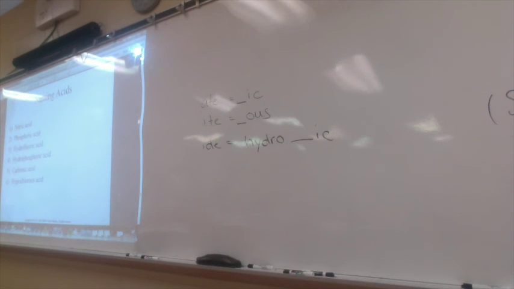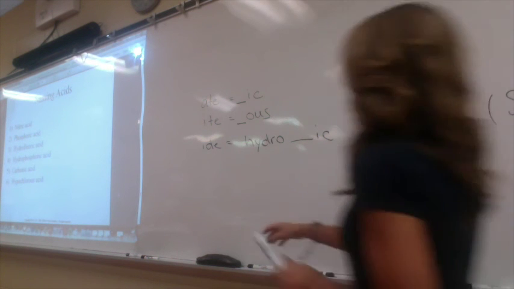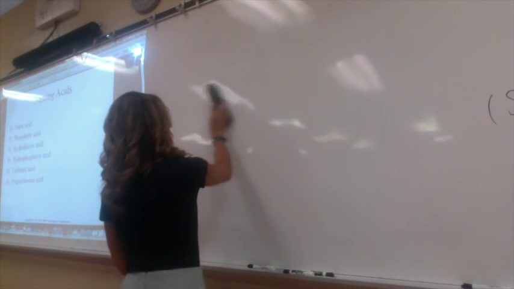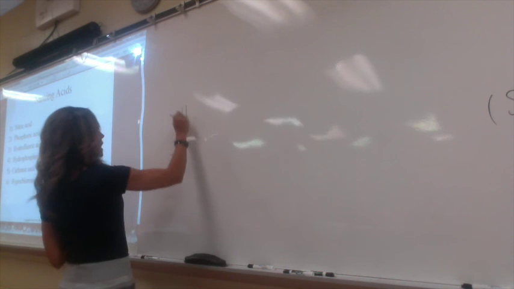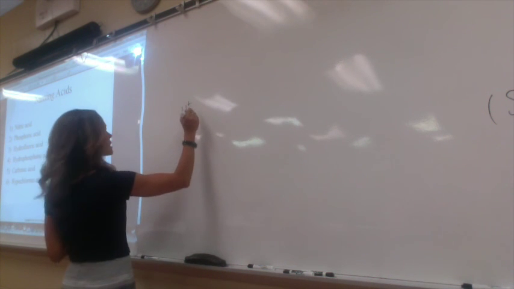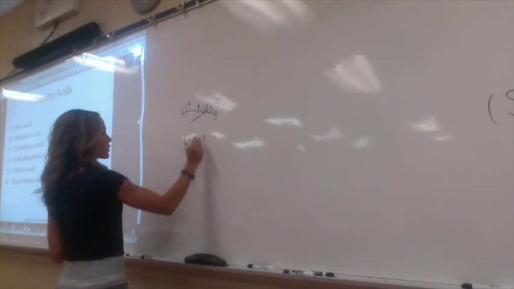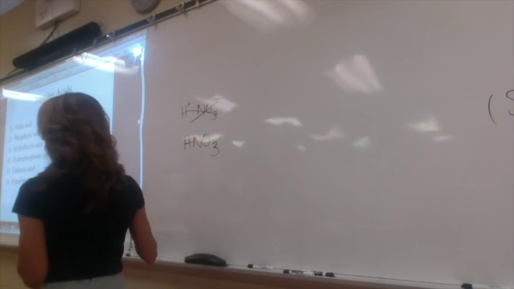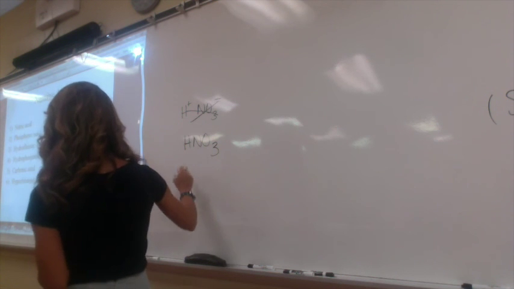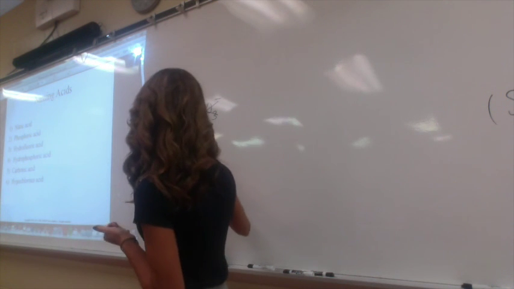So nitric acid, an ic means that it came from an ate. I'm going to do this on the board just so you can see a few of them in case you're still confused. So an ic came from an ate. That's nitrate. So I crisscross that and I get HNO3. Phosphoric acid, ic, always pair it with the H+, came from phosphate.